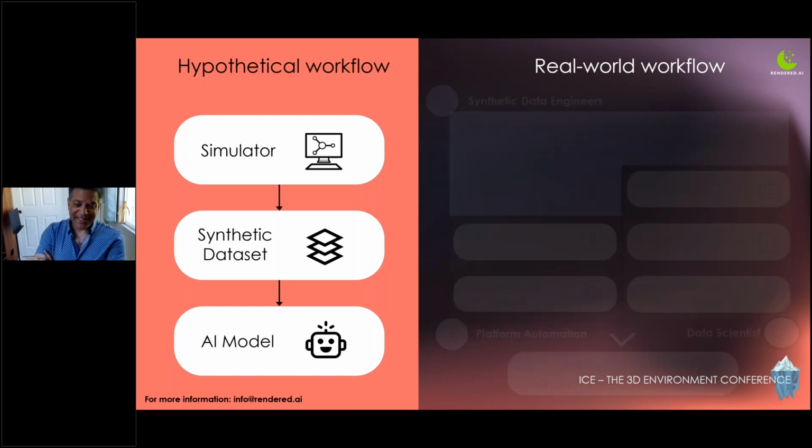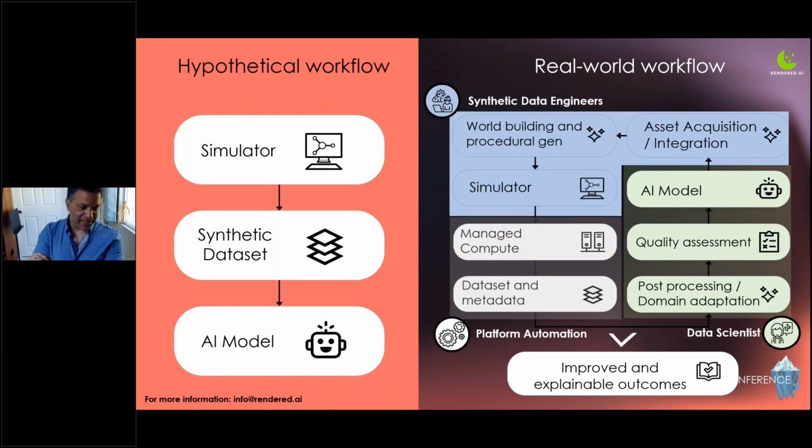What we tend to see is that the process for generating synthetic data needs to be a fair bit more iterative and empirical. So you build your world, maybe even using some of the techniques such as what Arne showed earlier. You then deploy your world with a simulator to a compute platform in some way where you can use it to generate thousands of images over and over and over.